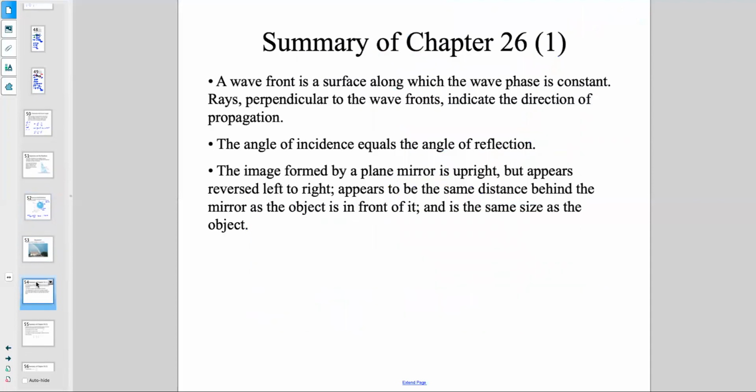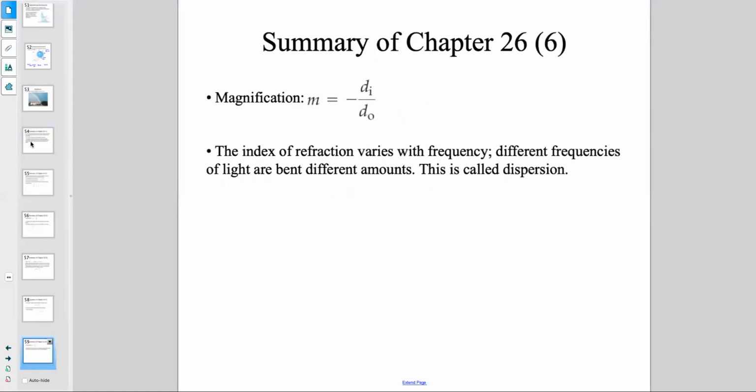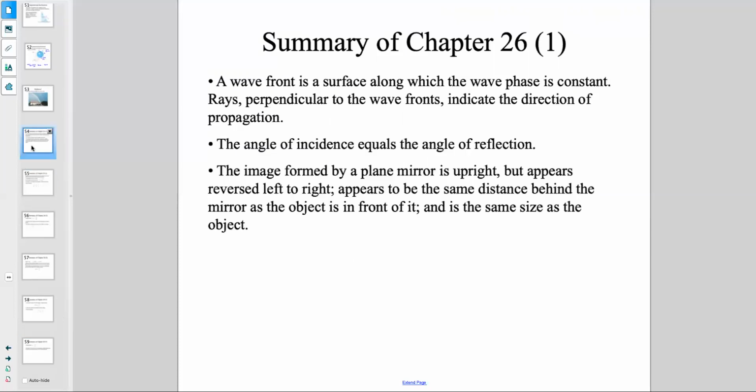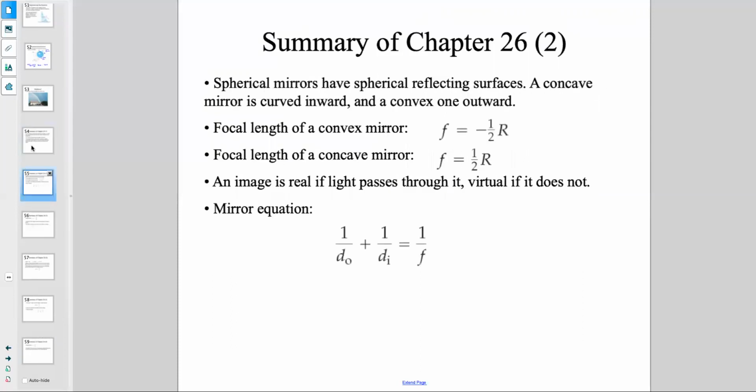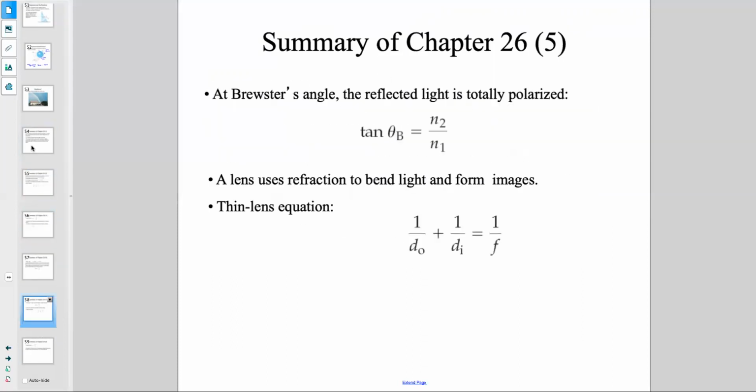So I will leave this summary of chapter 26 to you. I have them here. There are 6 slides, in fact. These are pretty much the same things that we covered in parts 1 and 2 of the video. Go ahead and read them. If you have any questions, let me know.